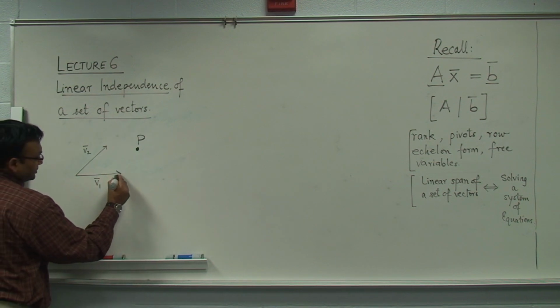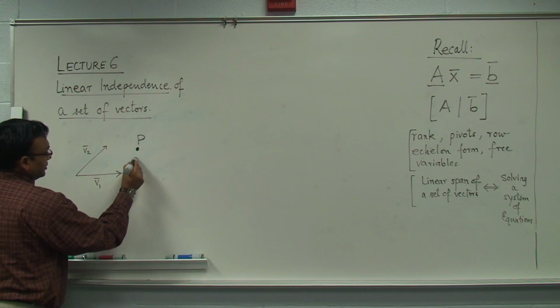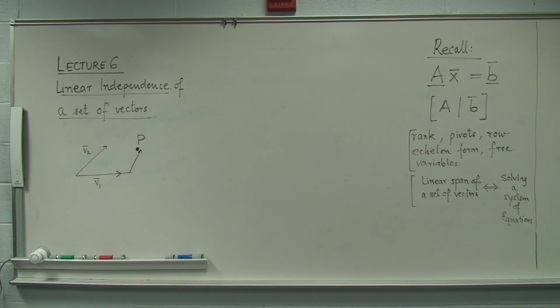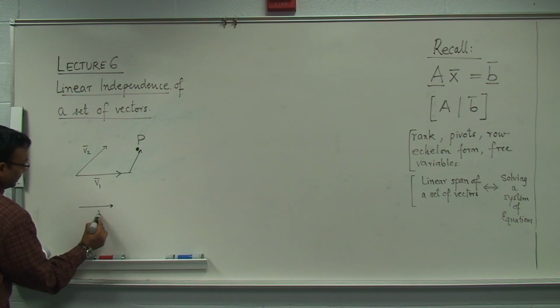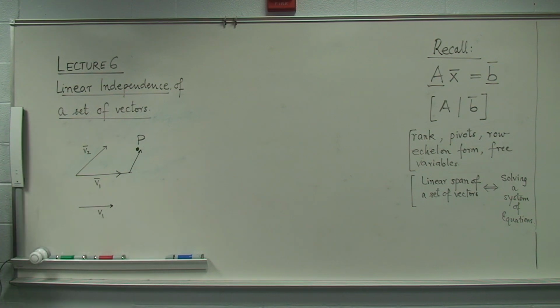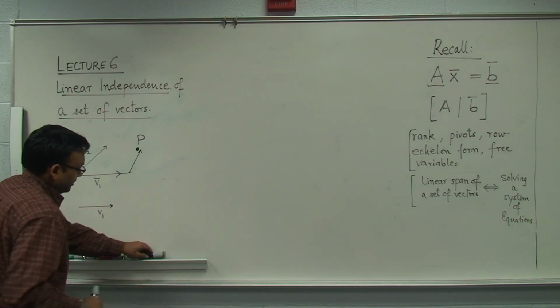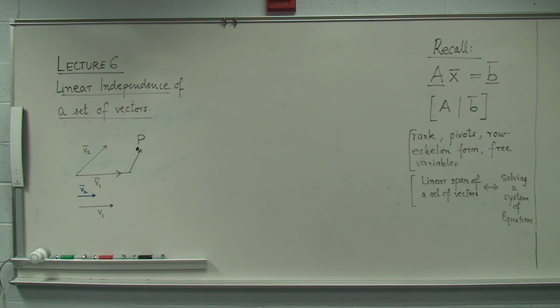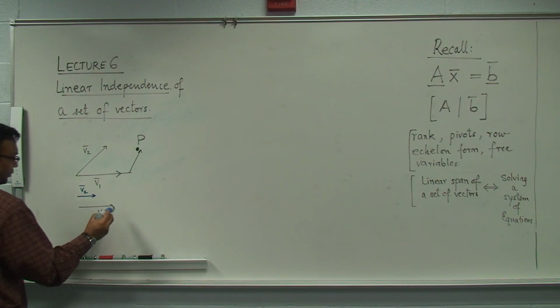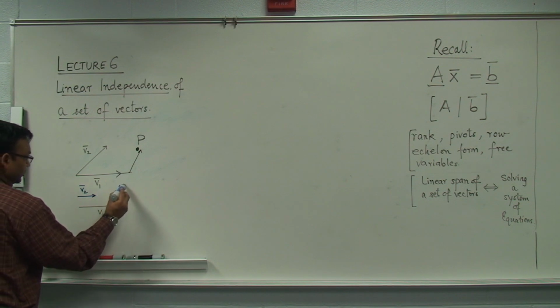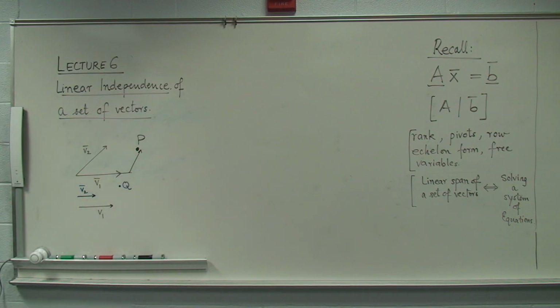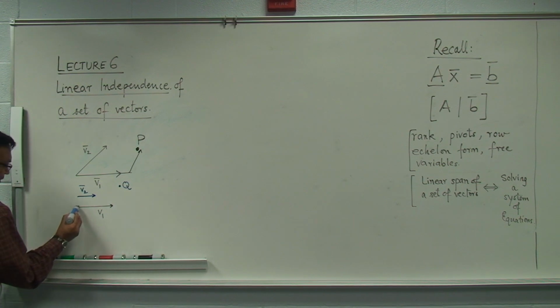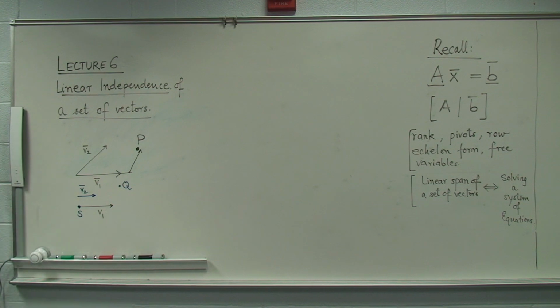I can perhaps go in this direction further up till here, and then try to go in this direction to reach P. However, if I was given a v1 vector like this and another vector, say v2 vector like this, which is what we call parallel vectors, then for us to reach a point Q, starting from, let us say, this point S, it will not be possible because our movements are only restricted in one direction.